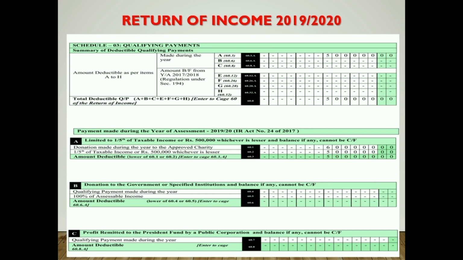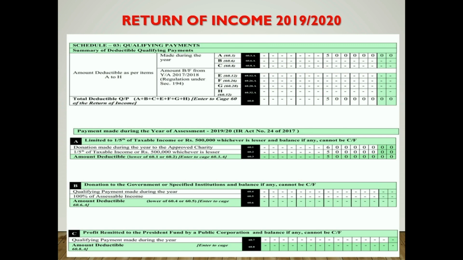Subschedules A, B and C are provided for the qualifying payments under the 2017 Act. In our example, we have a donation to an approved charity. That should be entered in subschedule A, as I did here.